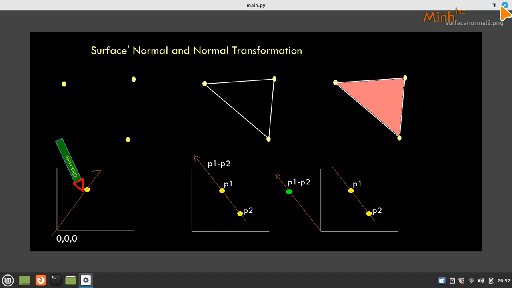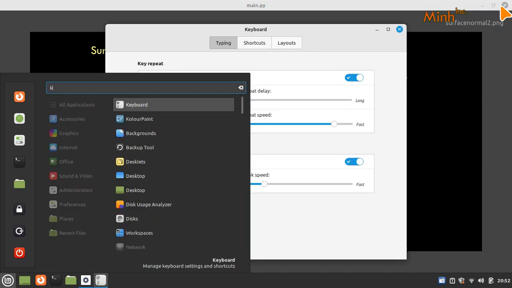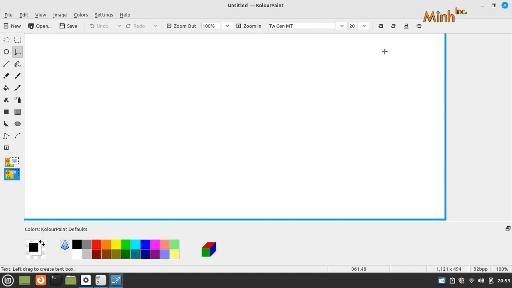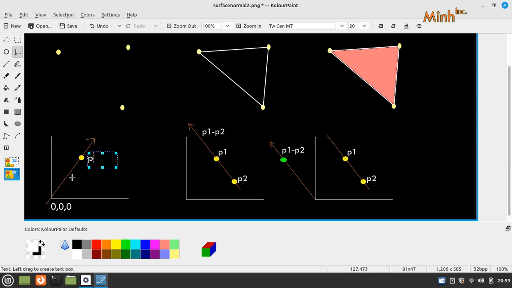If this point corresponds to P, then this is a vector and its magnitude can be represented as |P|.